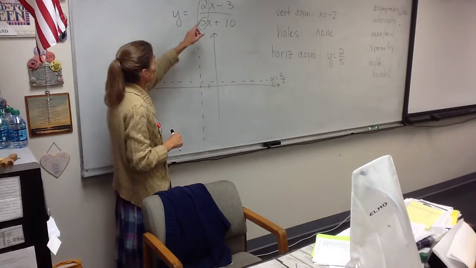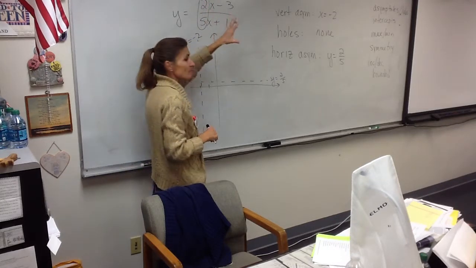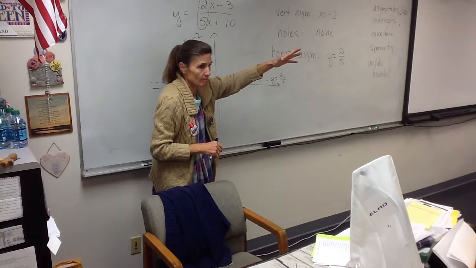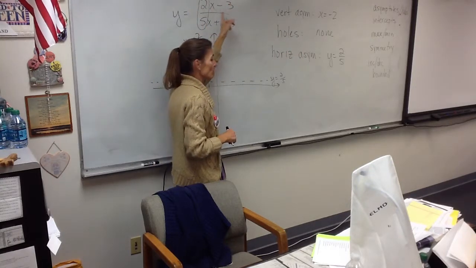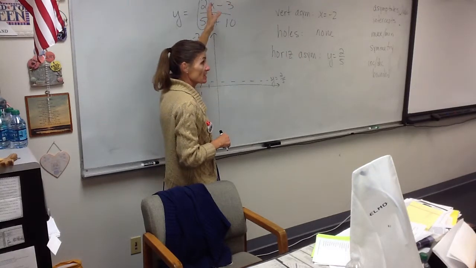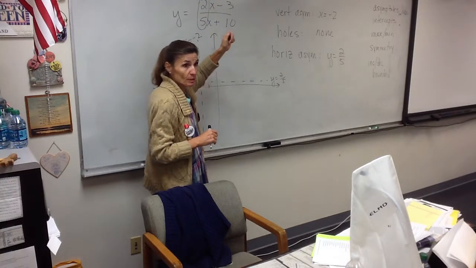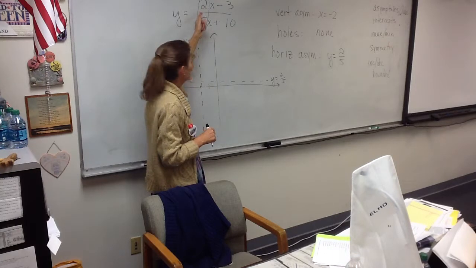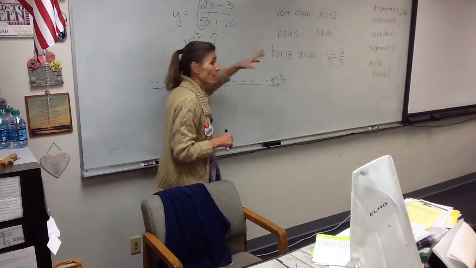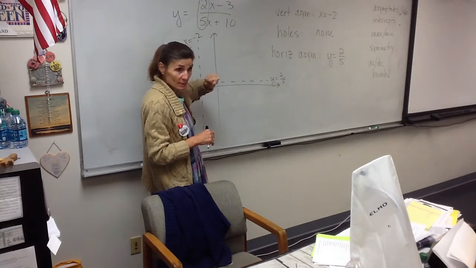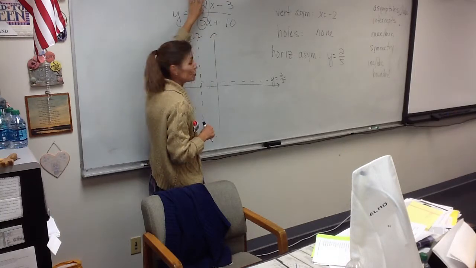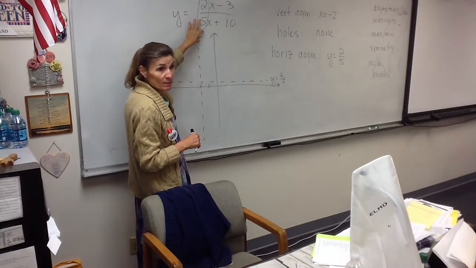And here's why. If you think about x being a number like 1,000,000, what would your numerator be approximately if x were 1,000,000? Approximately 2 million. What would your denominator be approximately? 5 million. And what do you get when you put 2 million over 5 million?